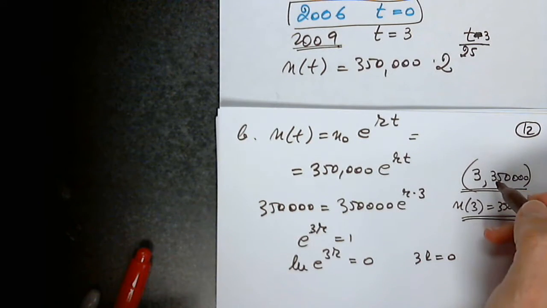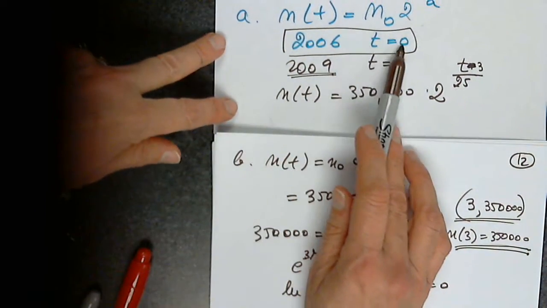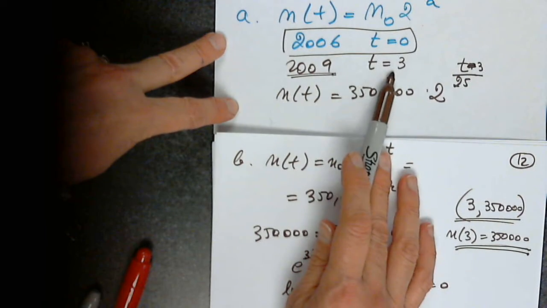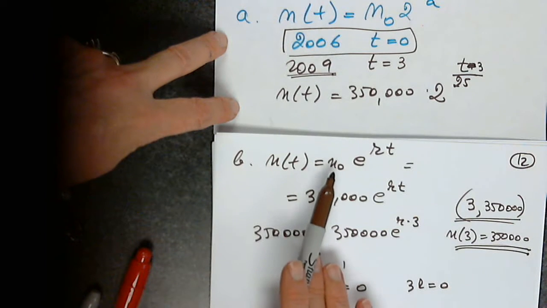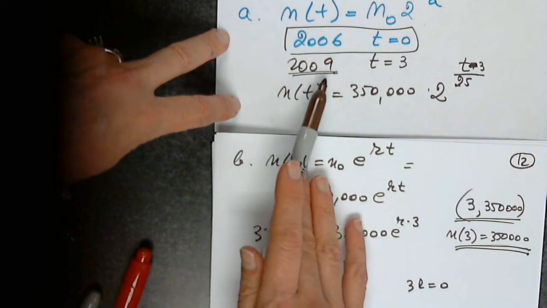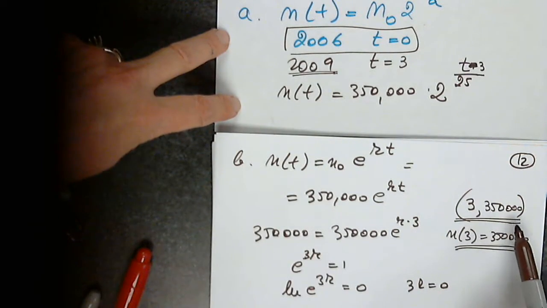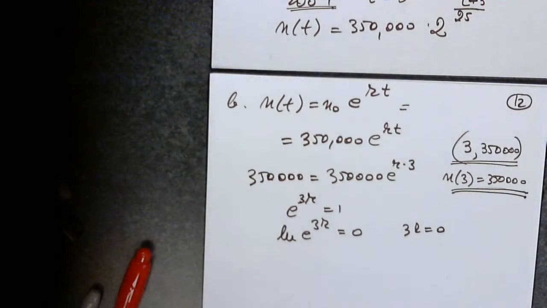So the initial is at t equals 0. In 2009, we have three years later. This is the initial population. We know it doubles every 25 years.